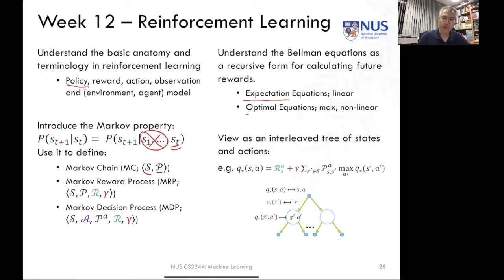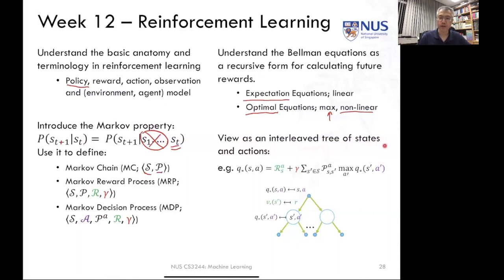The more common ones that we'll see in general in machine learning are the ones for optimal equations. And these are, of course, very important because we'd like to find out the optimal policy, the best policy that an agent should do under the circumstances. We saw this was a nonlinear system due to the fact that we have an operator that's not operating linearly.